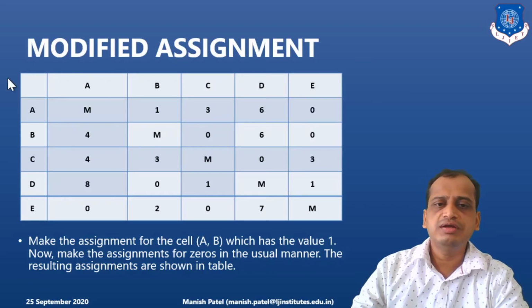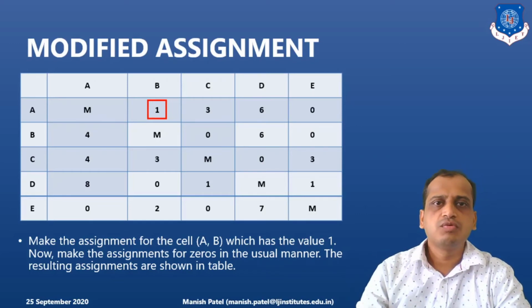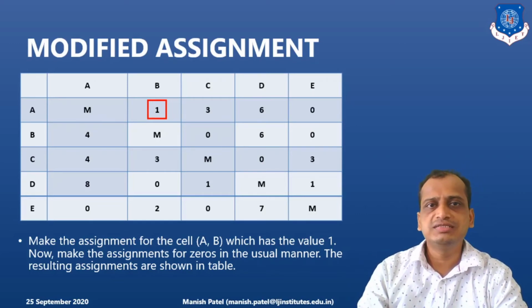I have already written here, make the assignment which has the value 1. Where is it? It is in the assignment A to B. So I will assign that 1 here. So 1 is also considered as an assignment element. Remember this, apart from 0 as well. Because that is the minimum value, right?